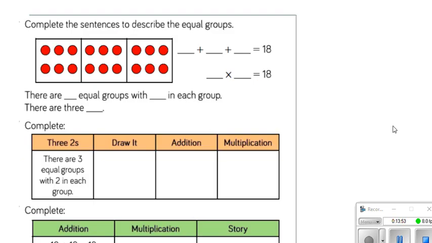Okay, let's have a look at a question about what we've learned. Complete the sentences to describe the equal groups. Here are your sentences.